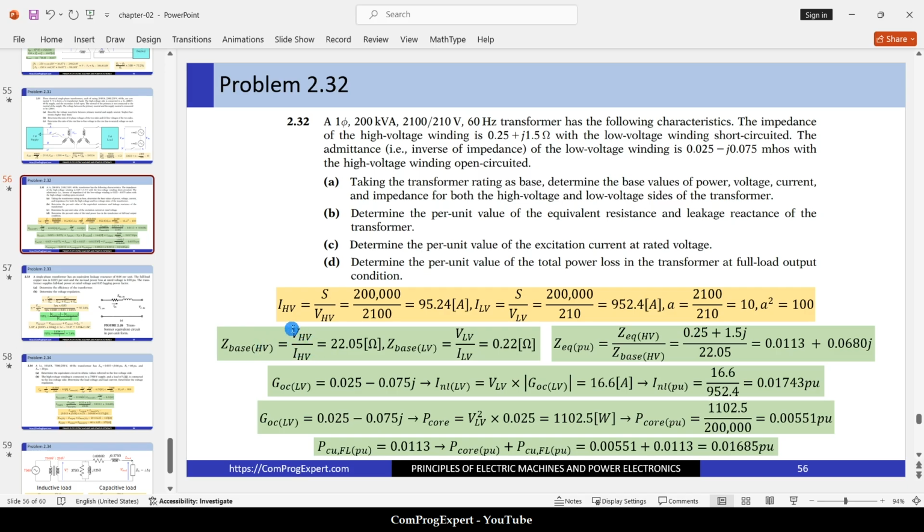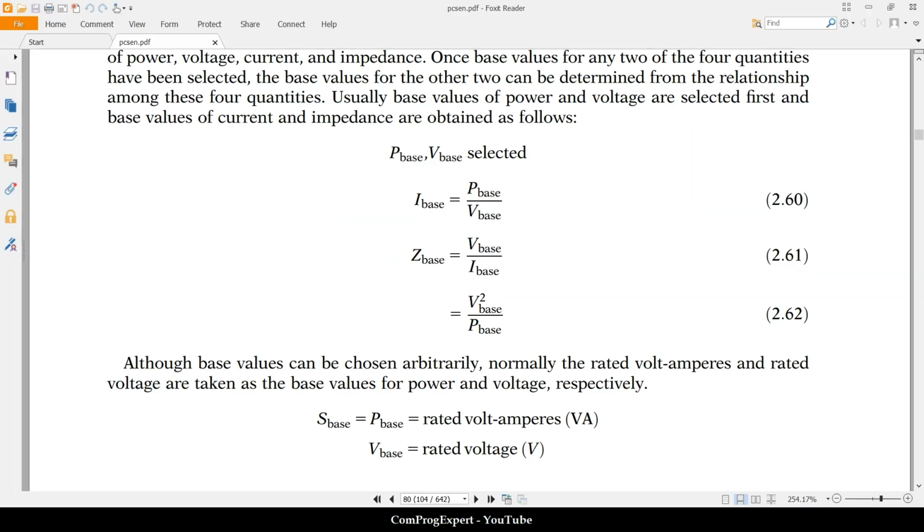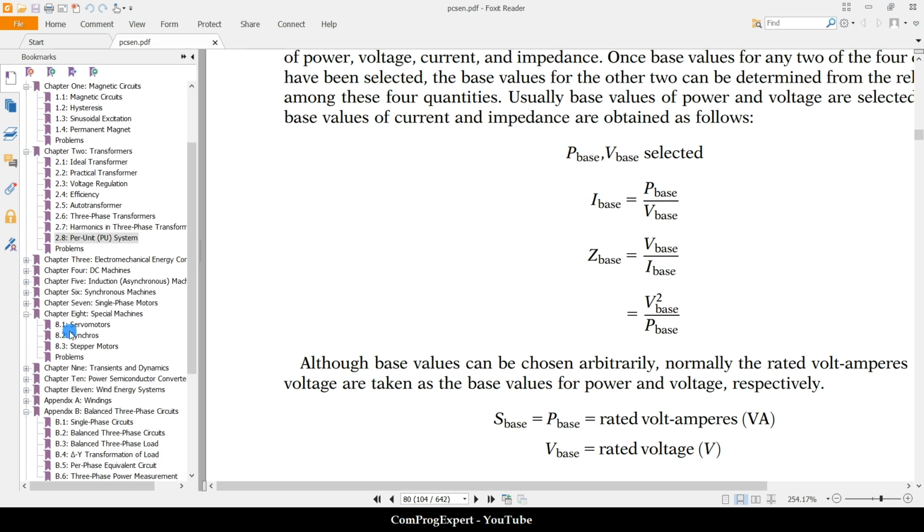Here, V high voltage over I high voltage, 22.05. And what is the value of the Z base for the low voltage side? Again, we have this fraction.